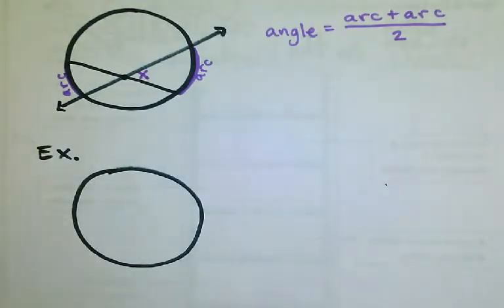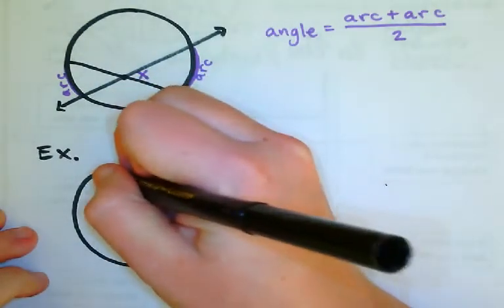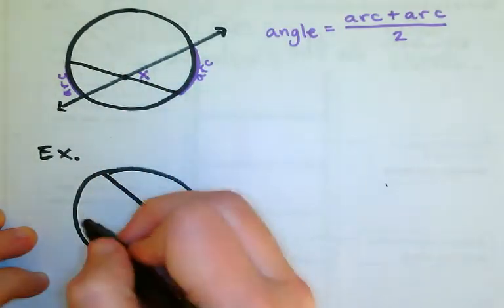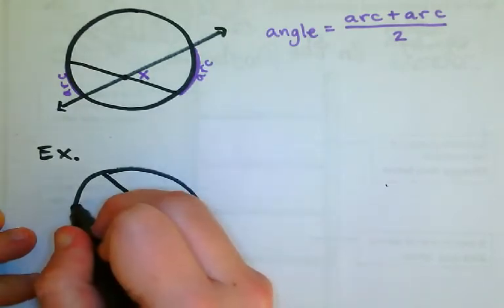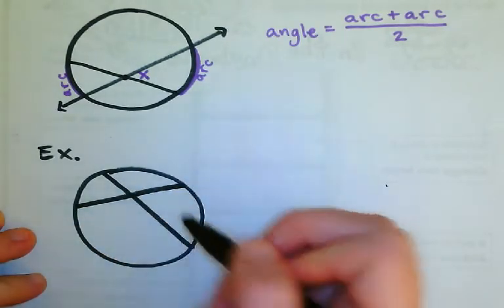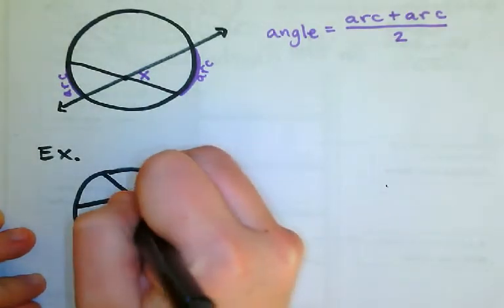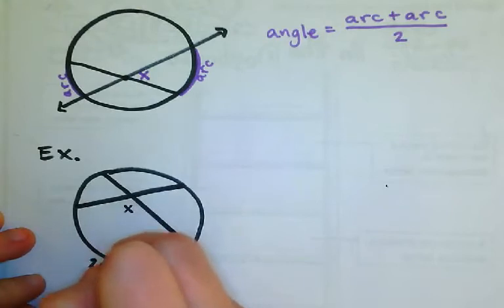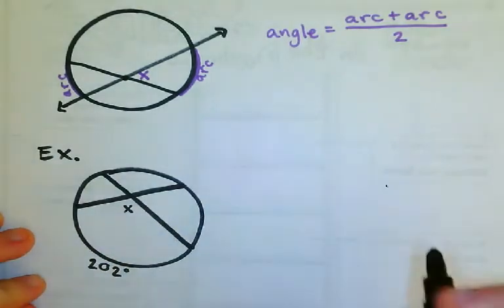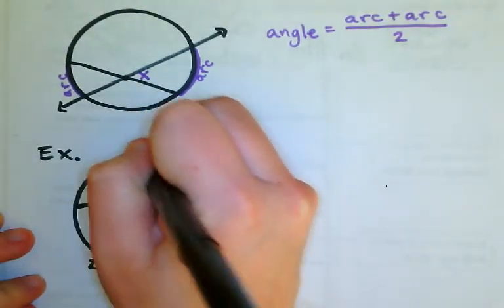I'll go ahead and just do that one for right now. And we've got something that looks like this. There's our x. We know this is 202 degrees, and this is 54 degrees.